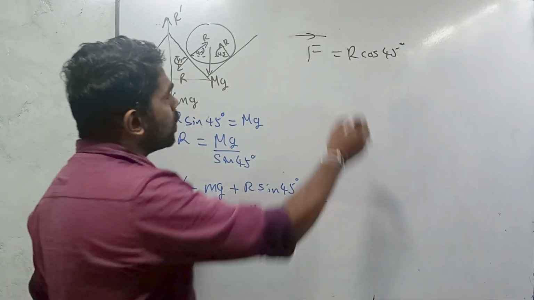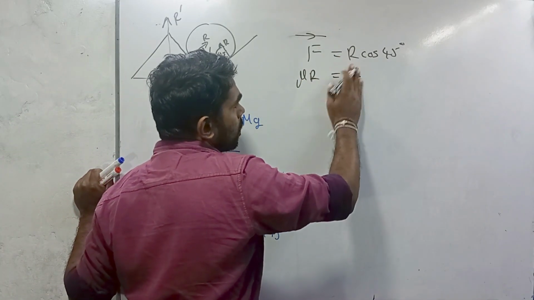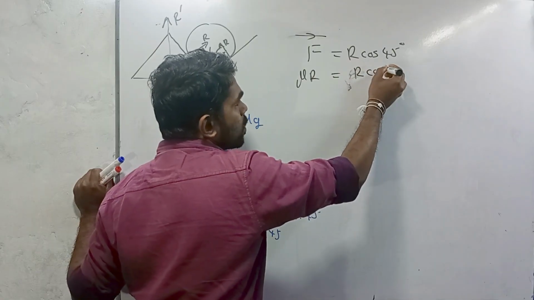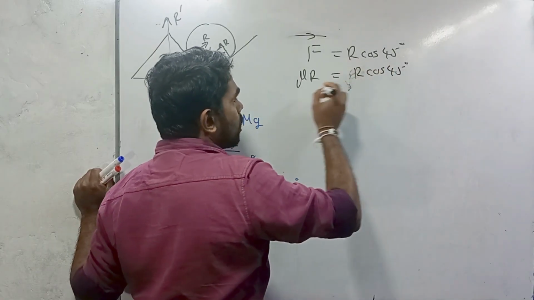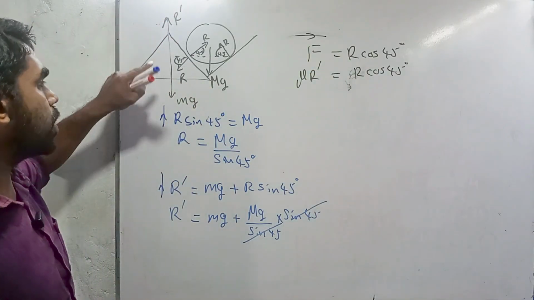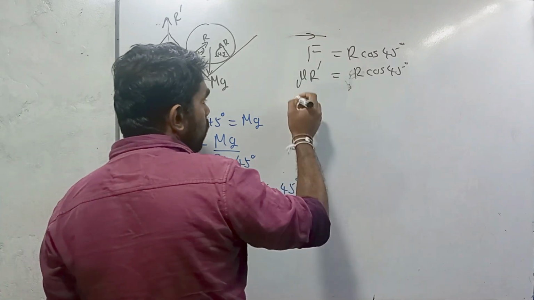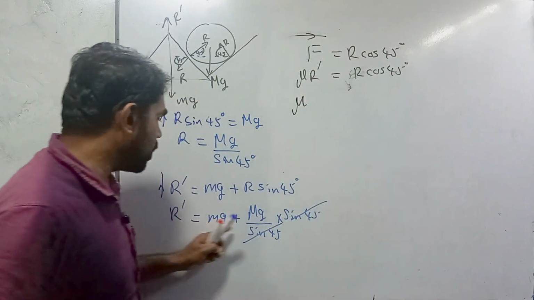We can substitute that value, mu R dash equals R cos 45. R dash means reaction on wedge.